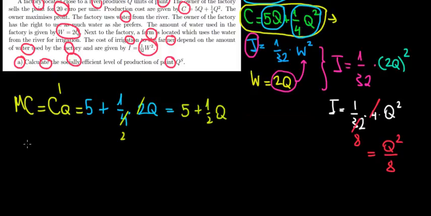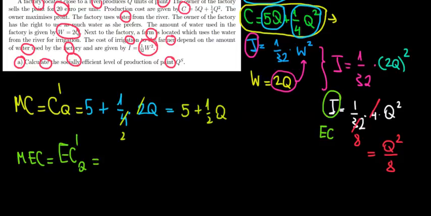That's the derivative of the external cost that we just found with respect to the quantity. So we're differentiating q squared over 8. We keep the constant, 1/8, times the derivative of q squared with respect to quantity. That's just 2q. So if we solve this, that's equal to 1/4 times the quantity.